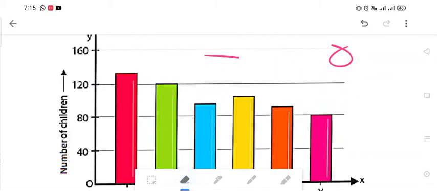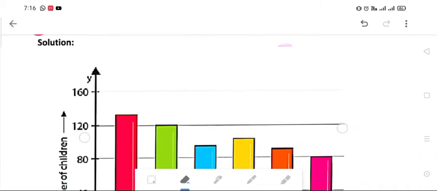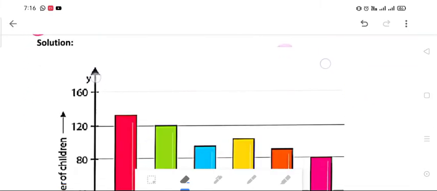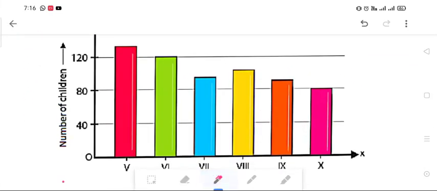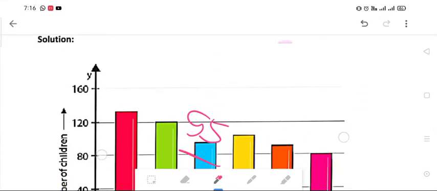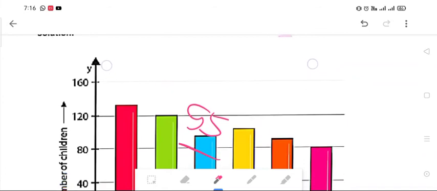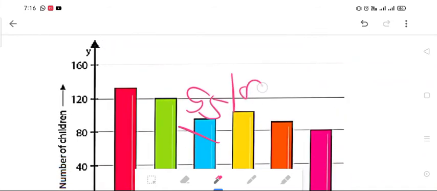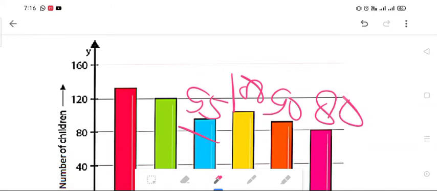Now the next, in class 7 the number of students is 95. So here the light blue bar represents 95 students. In class 8 the number of students is 100, in class 9 it is 90, and in class 10 it is 80.